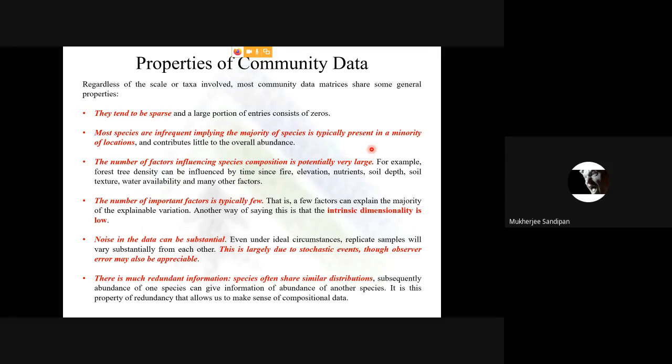The other property of community data is that noise in the data can be substantial. Because noise, or errors, can be of many types. It can be random error. It can be systematic error. For community data, because we collect data manually in most cases, the error can be large, for example because we did not identify the plant species properly. And in most cases it is a count, like 1, 2, 3, 4, 5.